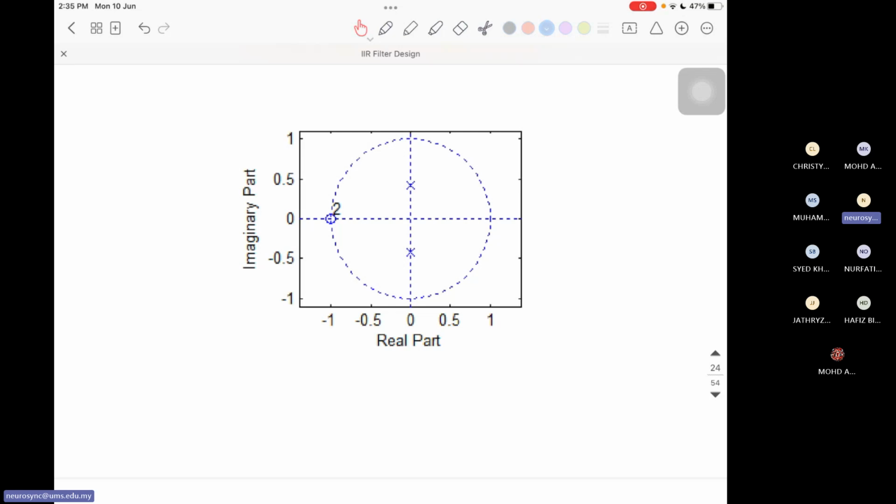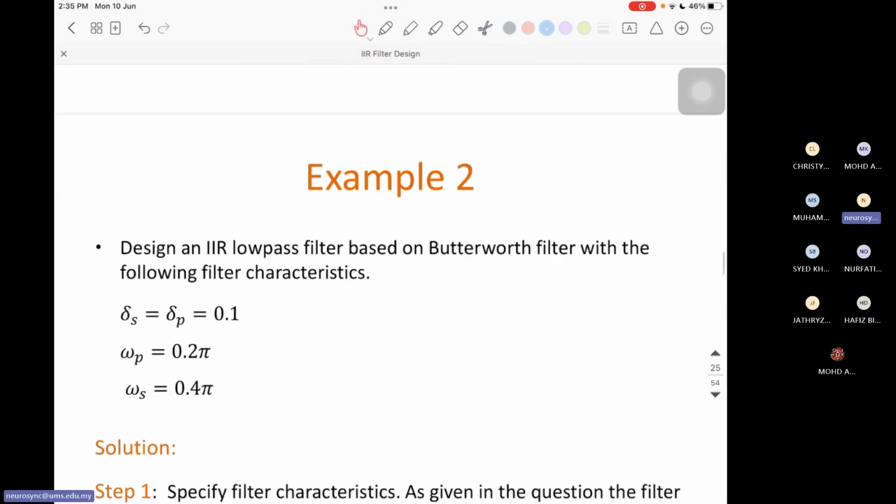This is the filter design. In this example, only the omega c and the order of the filter are given.